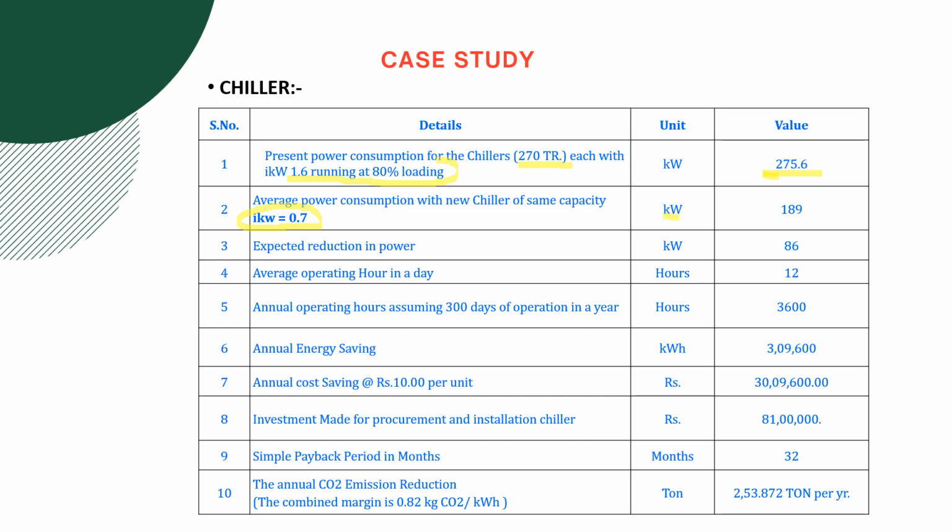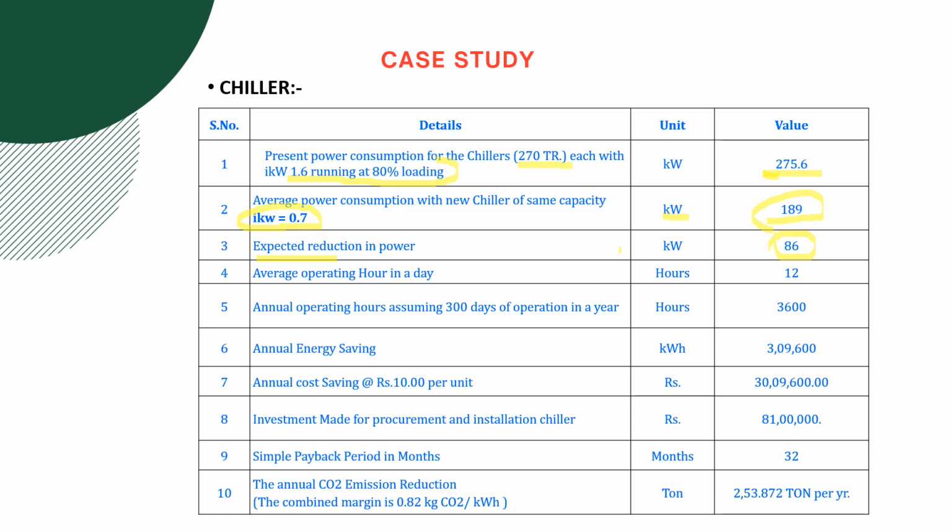So the new kilowatt for the same chiller will be 189 kilowatt, 189 units per hour. Expected reduction in power in kilowatt will be the old one minus the new one, 86. So per hour 86 units can be saved.